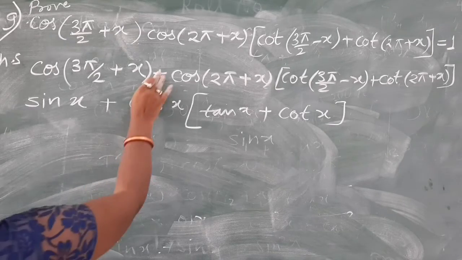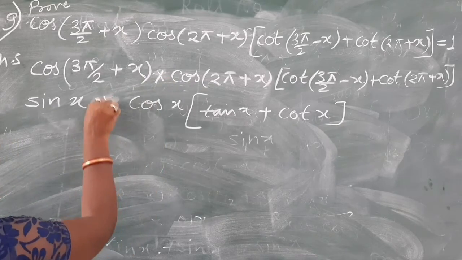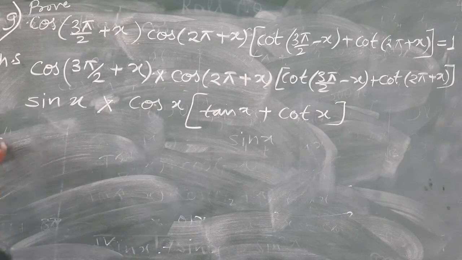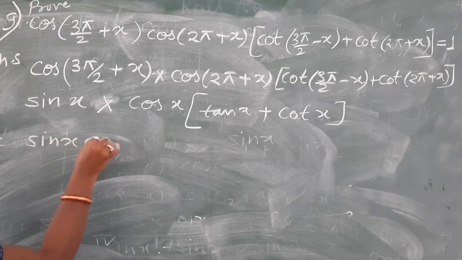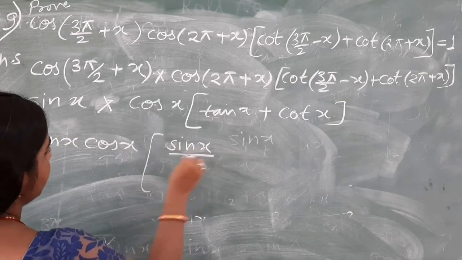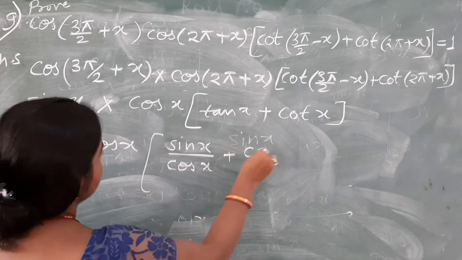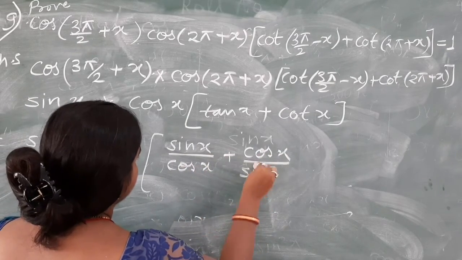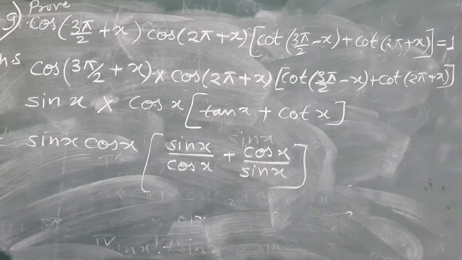So here there will be a product: sin x cos x, it is sin x by cos x plus cos x by sin x.